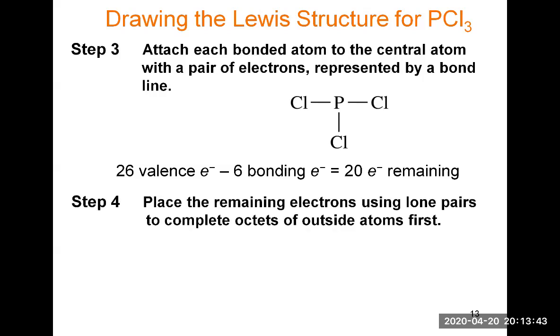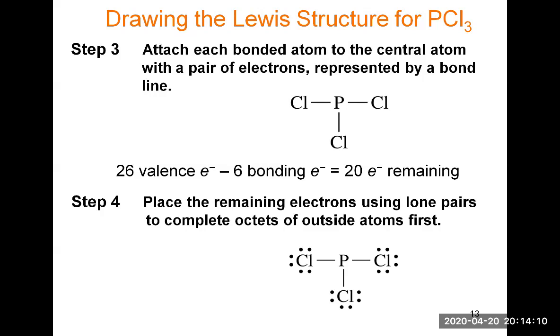So the next step is to place the remaining electrons using lone pairs to complete octets of outside atoms first. The outside atoms here are the chlorines, and you want to give them an octet. Right now they only have 2 electrons around them, so you need to add 6 electrons for each chlorine to get 8 electrons around each chlorine.